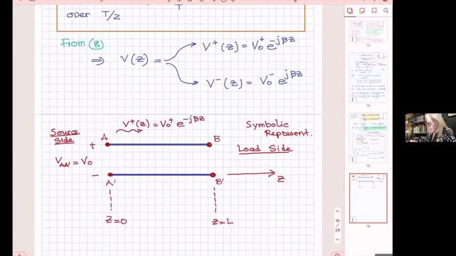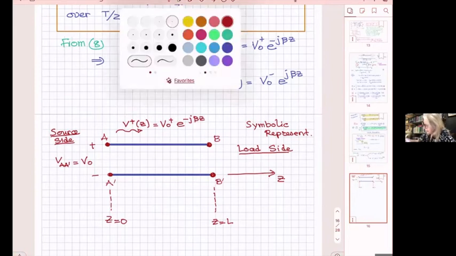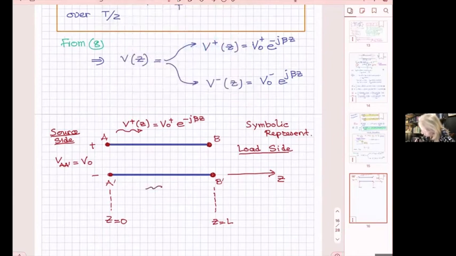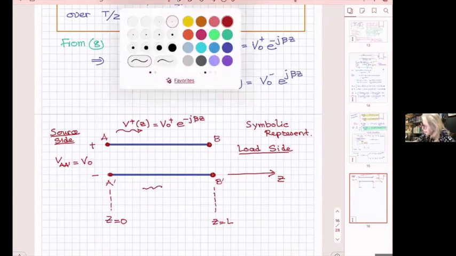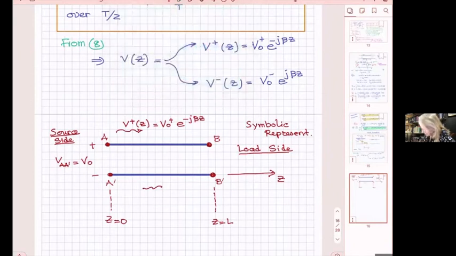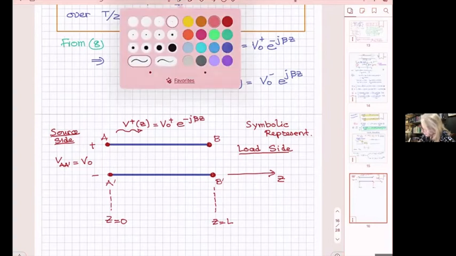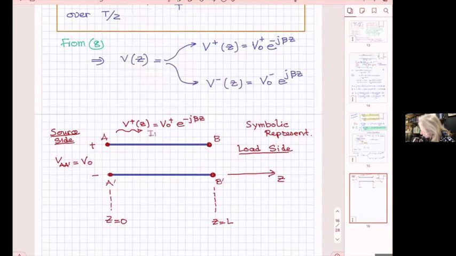And then it has a possible solution also that looks like this. And then we call that the reflected wave. So I will put here the name. So this is the incident wave.